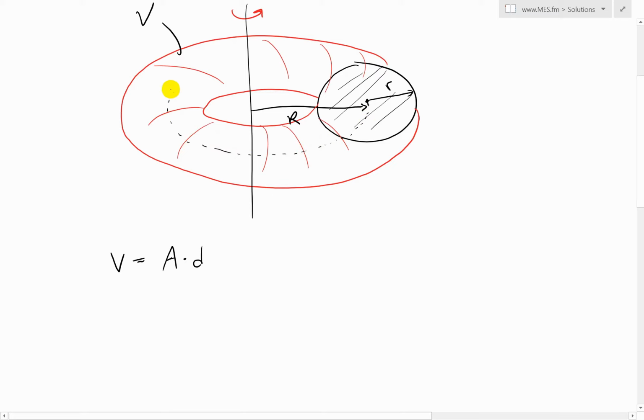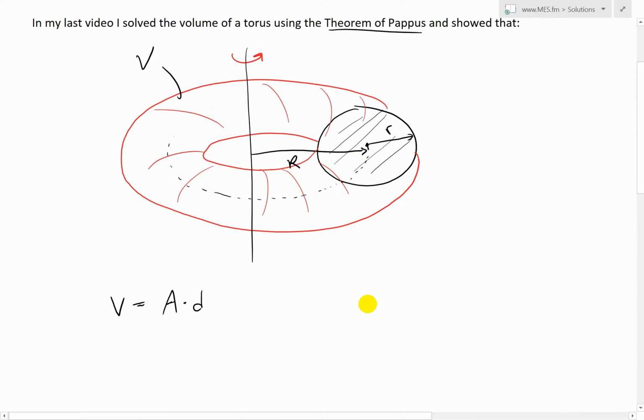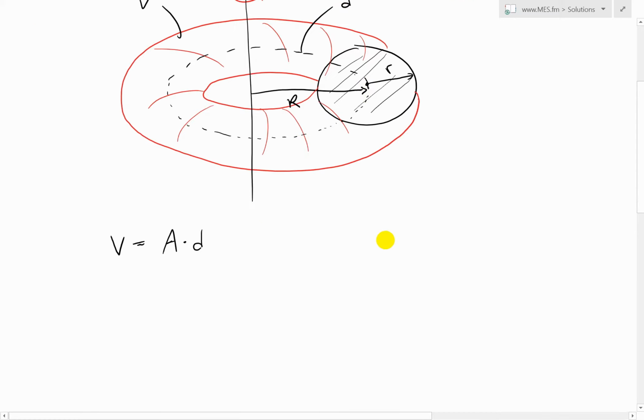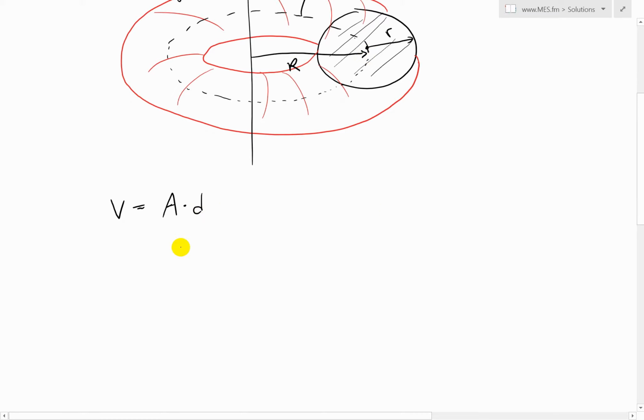When you rotate it all the way about the line, the total distance the centroid travels is d, and the volume is simply A times d.